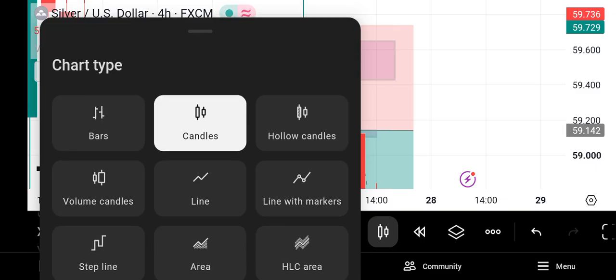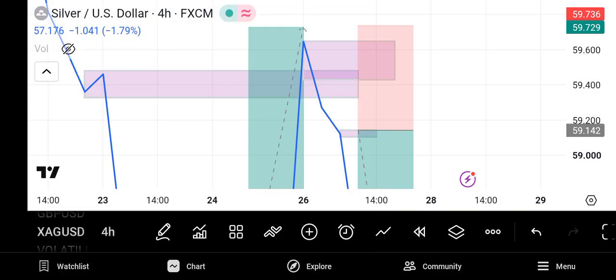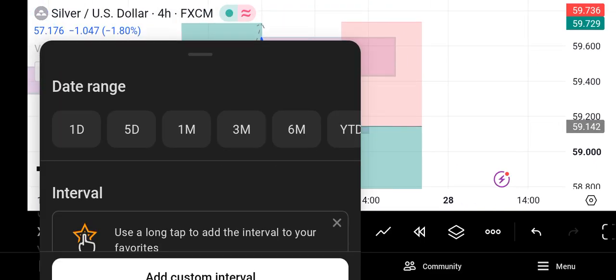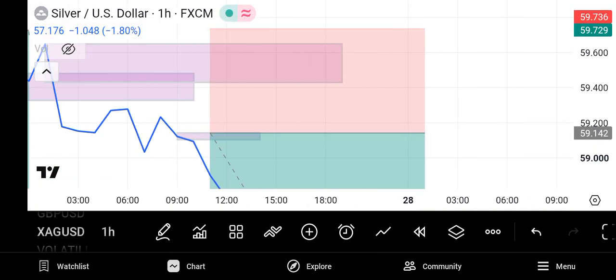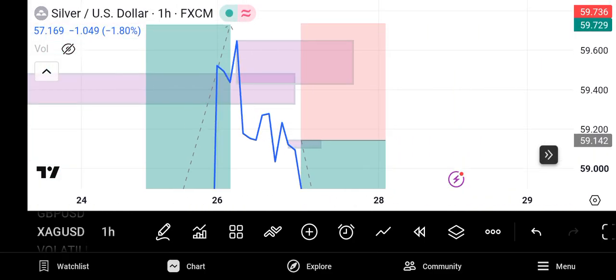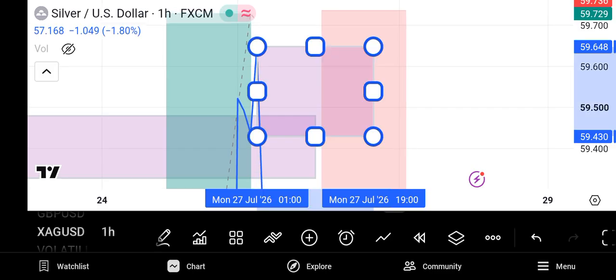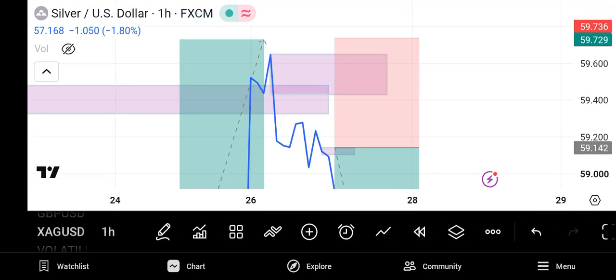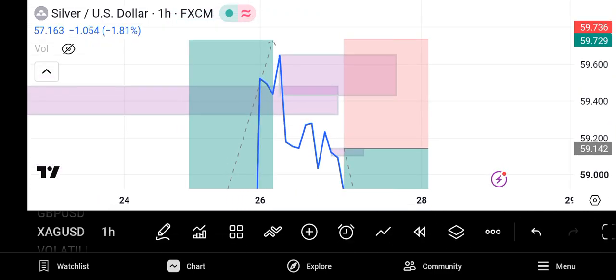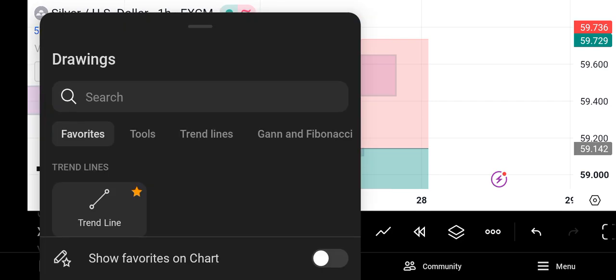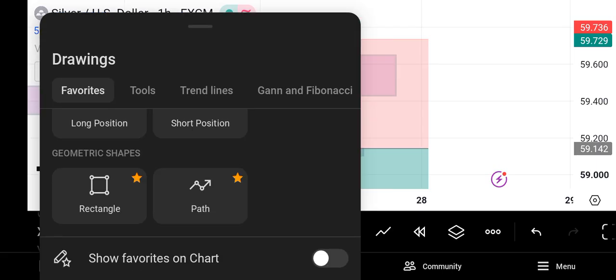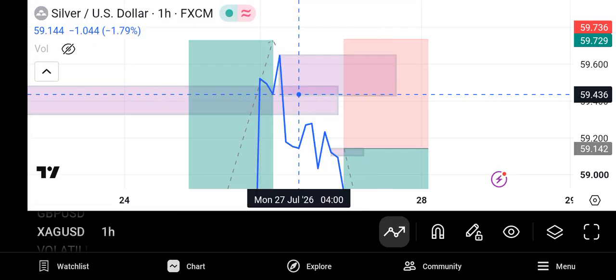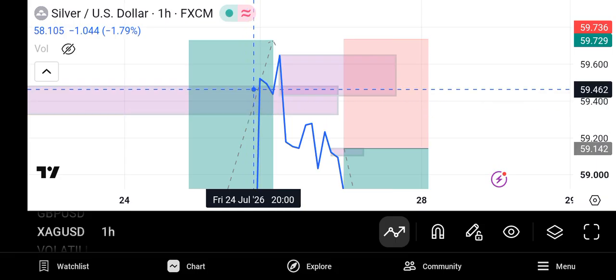Initially, after I don't see the sell, I can go to the 1 hour time frame, and then I see this particular position here. If you observe, you will see market structure showed here. Since this structure showed, that means this supply zone was valid.